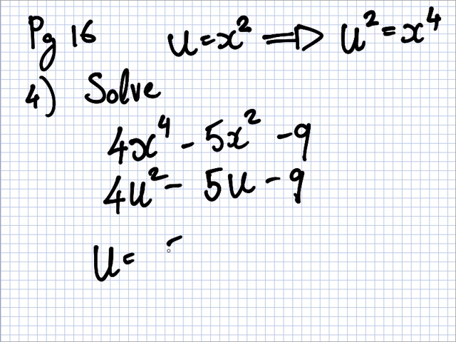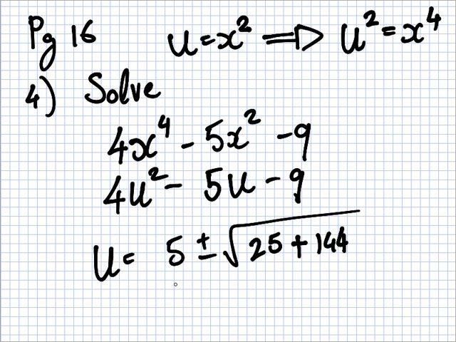So u equals minus b plus or minus the square root of b squared minus 4ac. It can be factorized? I'll let you use the formula. b squared minus 4ac, so that's 25 plus 144, 169, square root 169, 13.